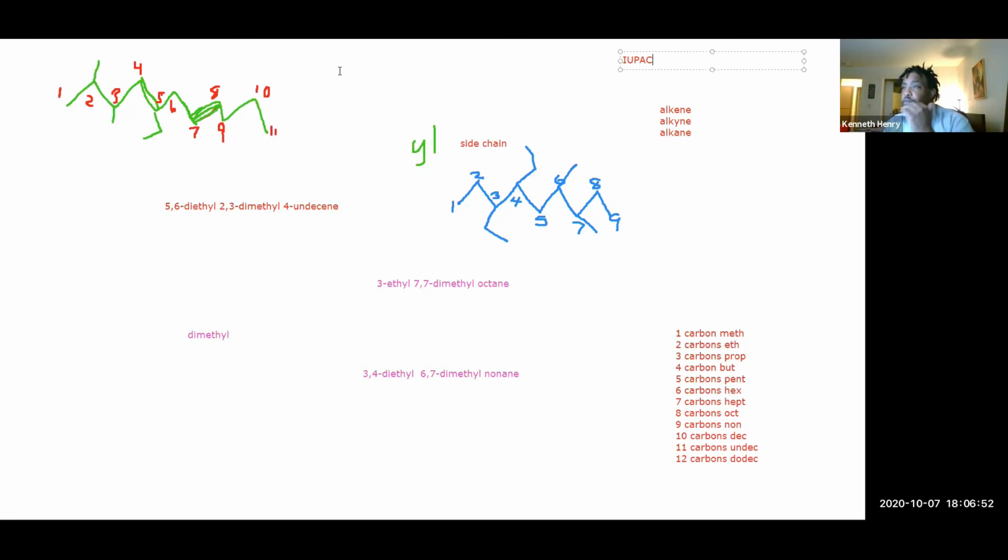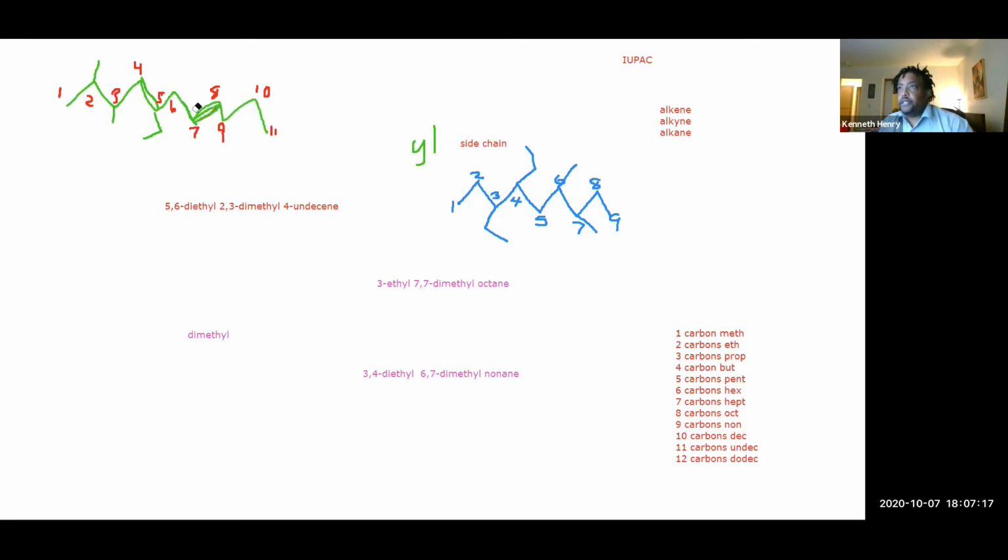Who is the most important? The most important is the double bond. In the old days, it used to be the triple bond, because it was 3. But you're more likely to have a double bond than a triple bond because triple bonds are not as stable. They're rigid, which is part of the reason why.